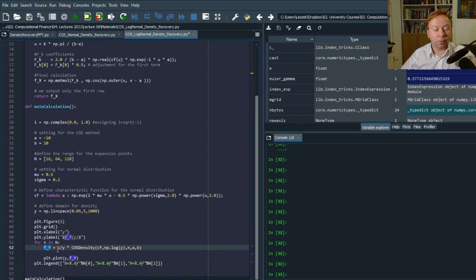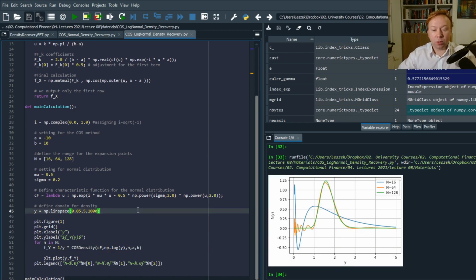Our density at a given argument y is given by 1 over y times the cosine expansion. So this is the density that we recover for a normal distribution, where we provide the normal distribution here as the lambda expression, but the arguments that we give to this function are logarithms of y. So this is a slight difference, and this is exactly what we have derived in the slides.